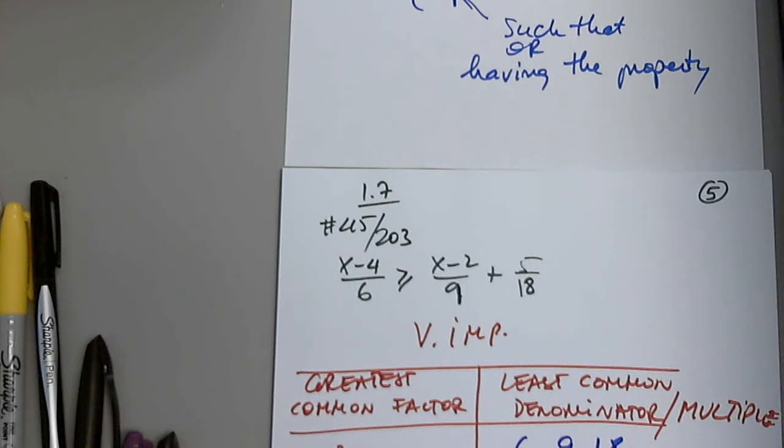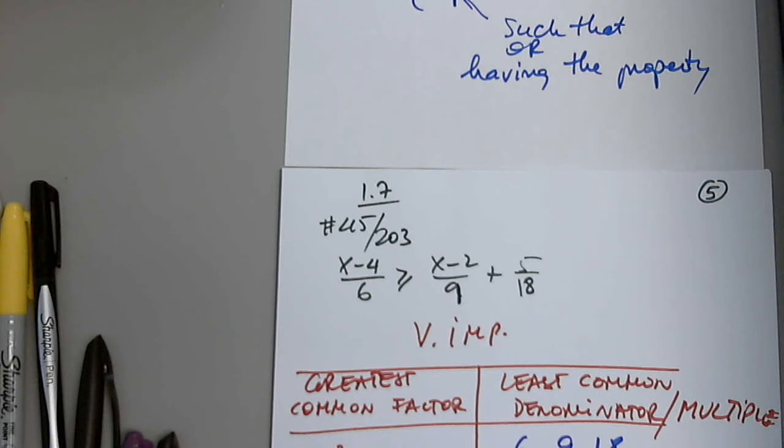I need a number such that this number divided by 6 is a number, this number divided by 9 is another number, and this number divided by 18 is another number. 18. 18. See the difference? So this has to be the smallest number that is divisible by all three.